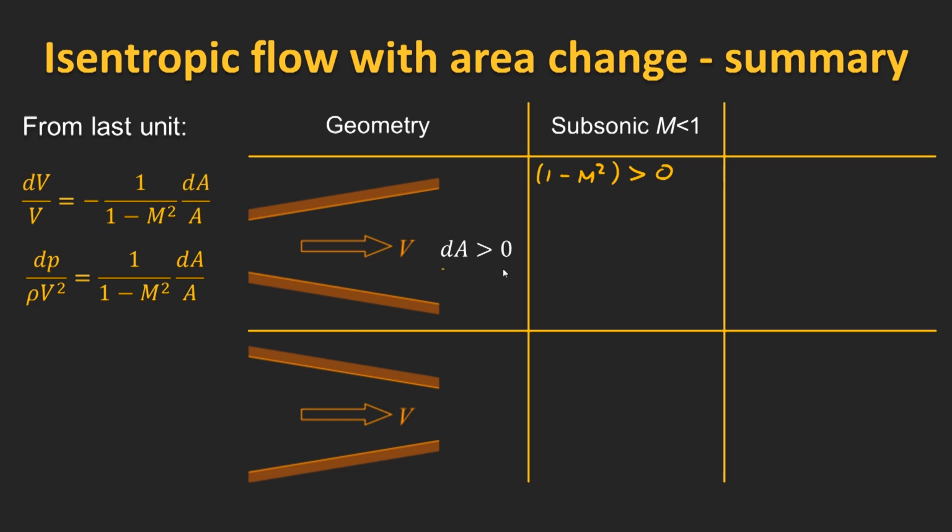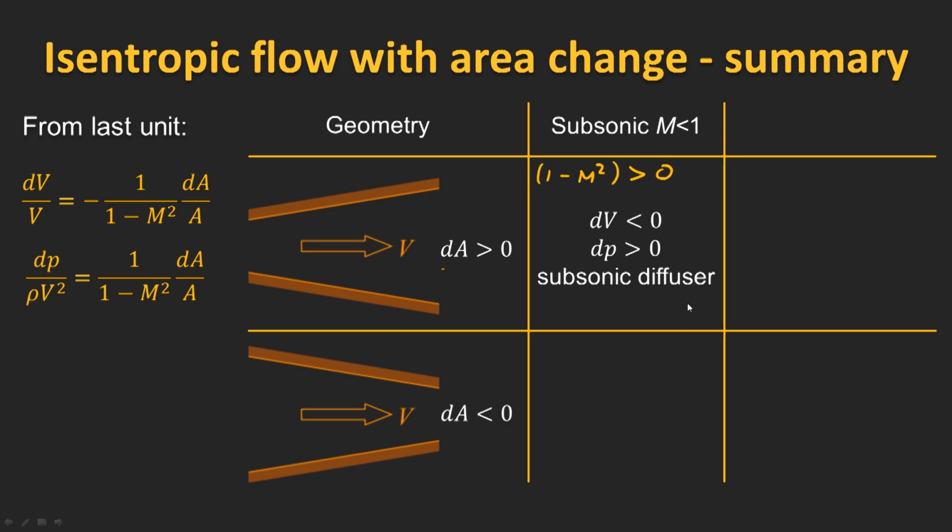So this increasing area is going to cause a decreasing velocity. Correspondingly, this pressure relationship is telling us that increasing area is causing an increase in pressure. These have the same sign. So this diverging area is acting as a subsonic diffuser, something that decreases velocity and increases pressure.